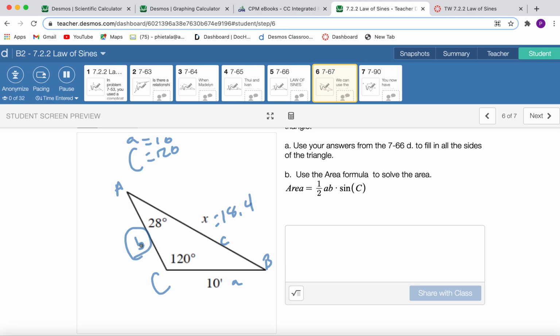So we can make another proportion up to solve for little b. Or we can be even sneakier. We still got to find them all.